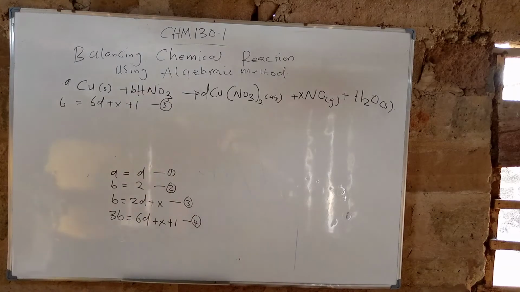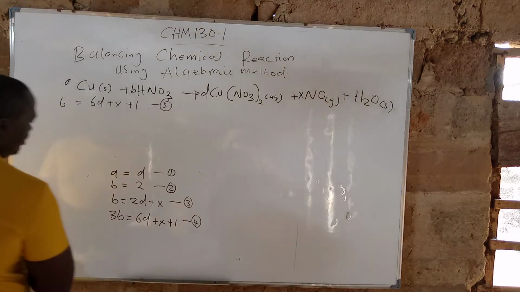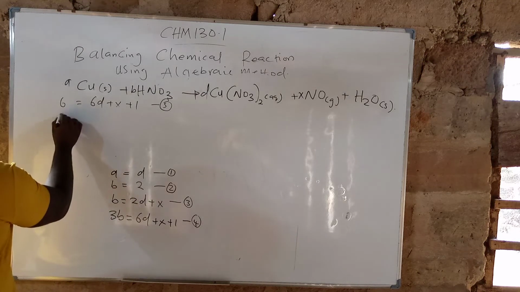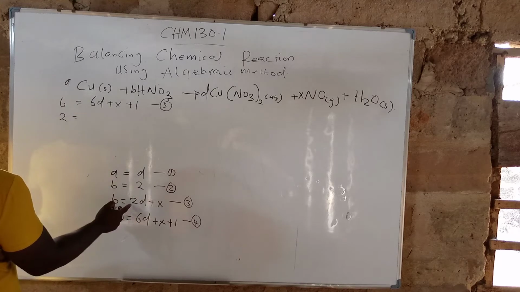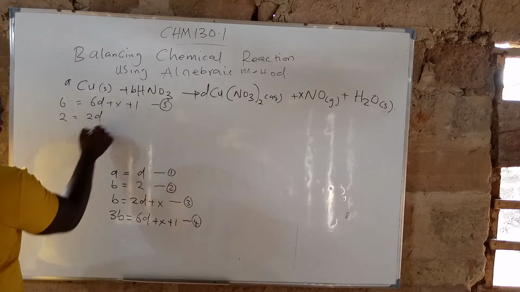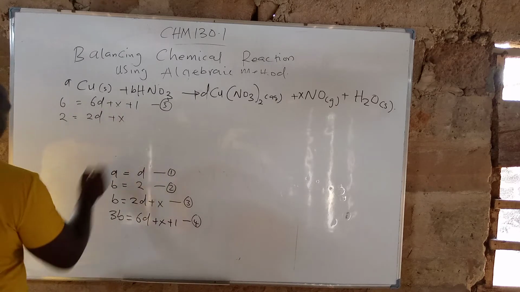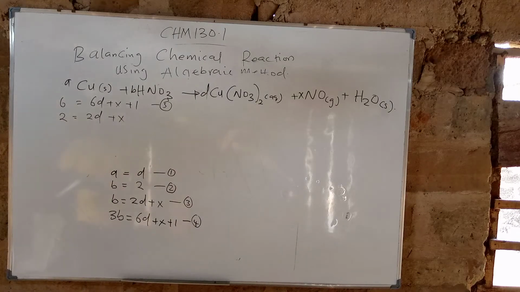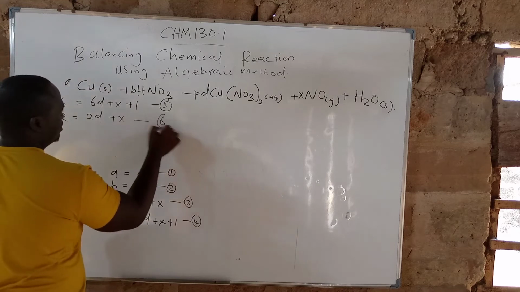Then the next thing I'm going to do is put 2 into 3. If I do that, I'll end up with 2 is equal to 2D plus X. So now let me call this equation 6.